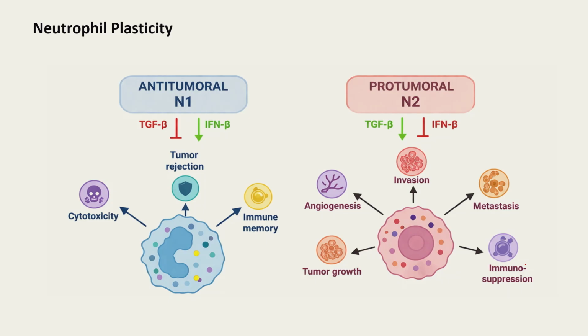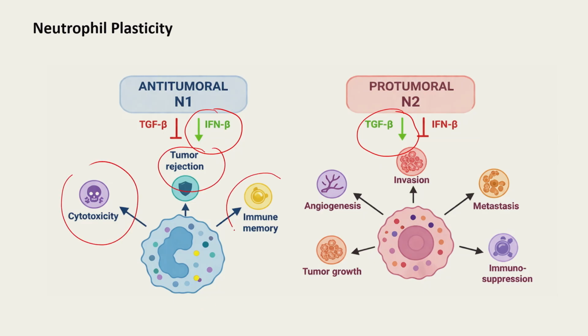One can see that there is TGF-beta specific regulation, and here there is an interferon beta specific regulation. When there is an interferon involvement, since it is a non-specific immune response, we can see involvements such as cytotoxicity, tumor rejection, and also immune memory.